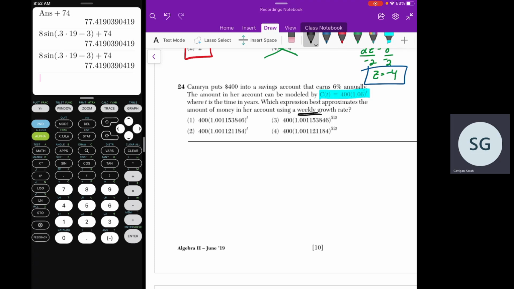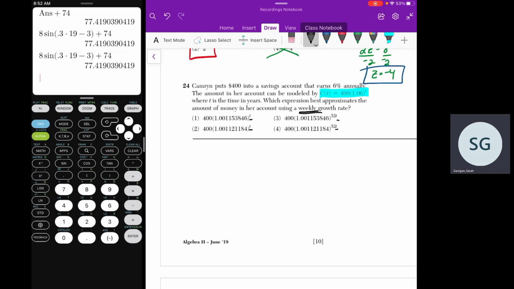So one way of doing this problem is to plug in a value for years, because T is still years. So if we do C of T, let me just think about how much money is in after 3 years.